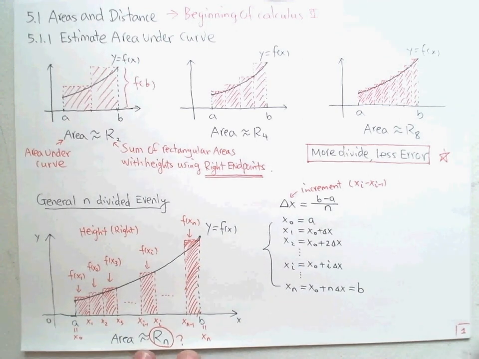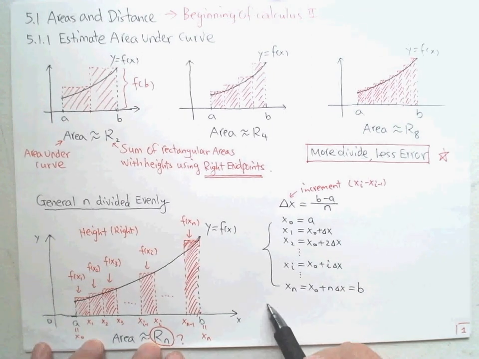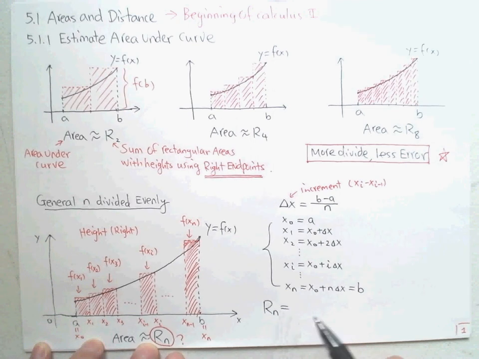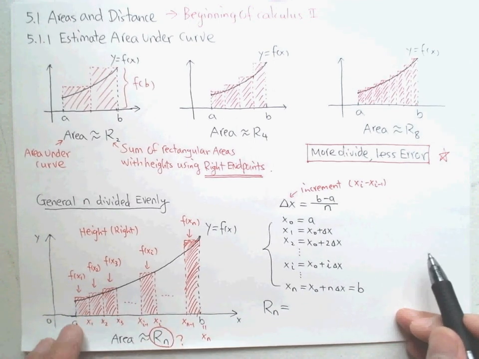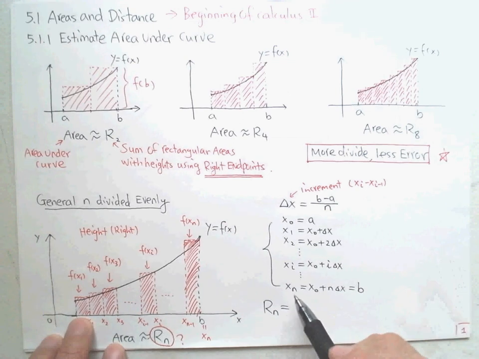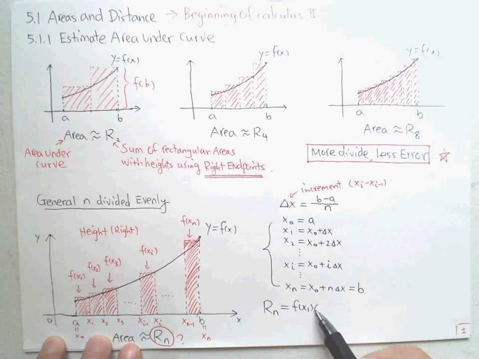If we have x, then we can calculate what R is. So R is like this. I put in the formula for Rn and do the calculation. Rn is the sum of the areas of all the small rectangles. The first rectangle is f(x1) times delta x.